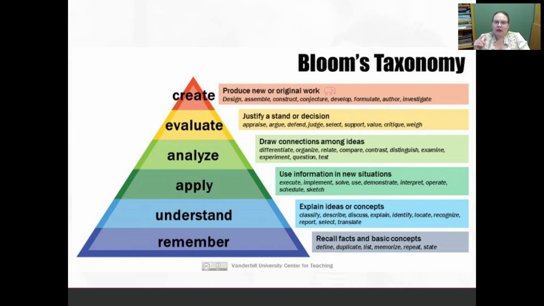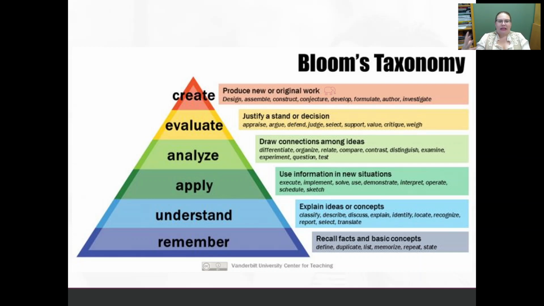One of the things I want to remind ourselves about is this idea of critical thinking. Critical thinking is the process of analyzing information to make a judgment or a decision.